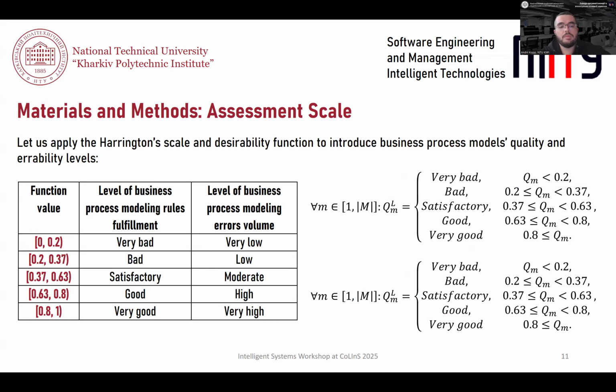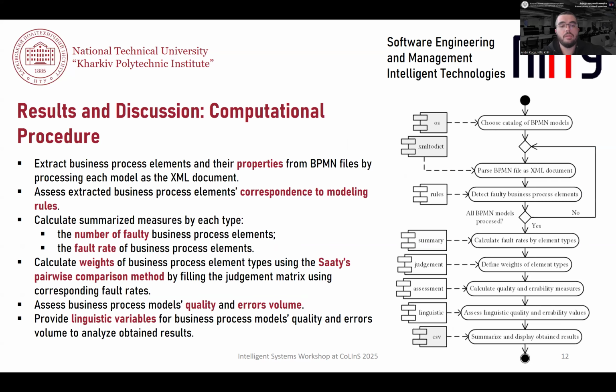There are 5 levels as very bad, bad, satisfactory, good, and very good levels for process modeling rules fulfillment or the quality, and very low, low, moderate, high, and very high levels of business process modeling errability. And these linguistic variables are also used to build textual explanations on the current state of each analyzed BPMN model.